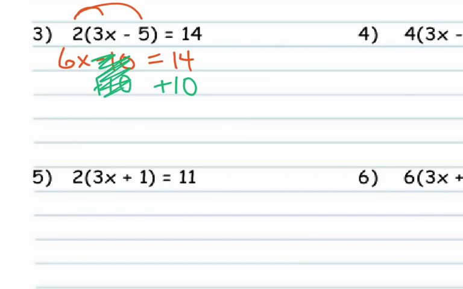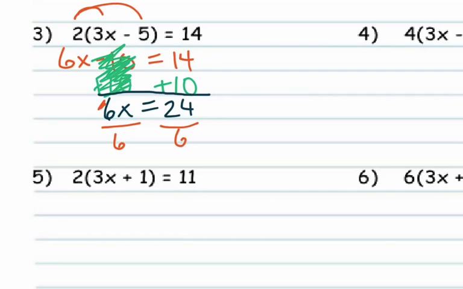And these 10s go away. And I'm left with 6x equals 24. Now I've got to divide by 6 on both sides. And these 6s go away. And I get that x equals 4.